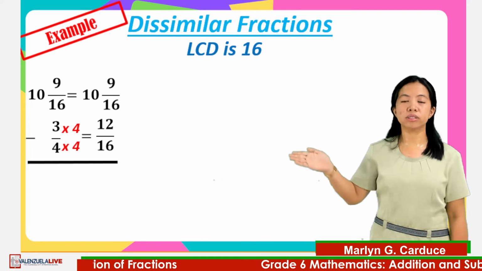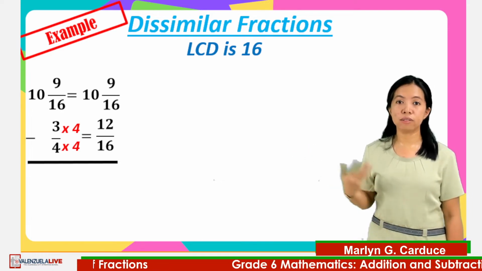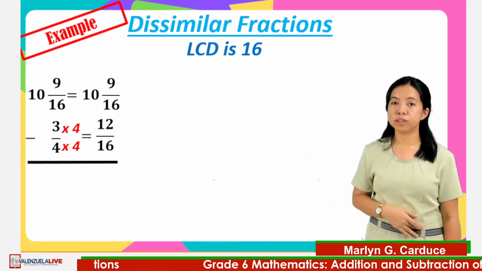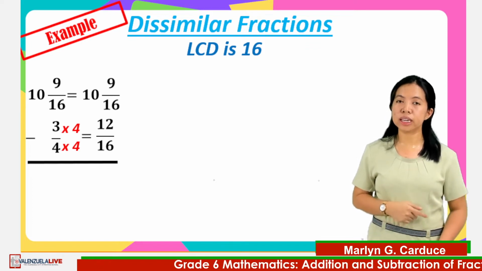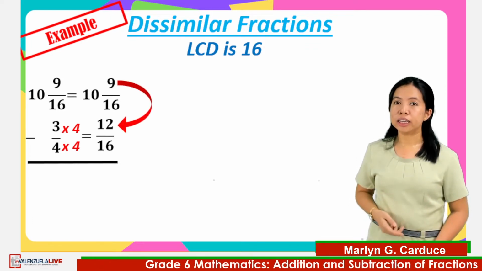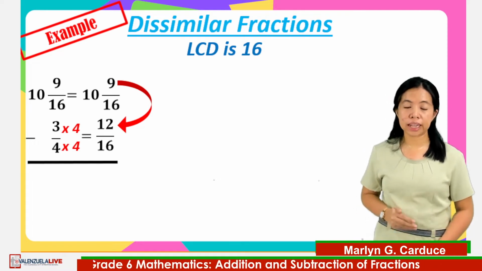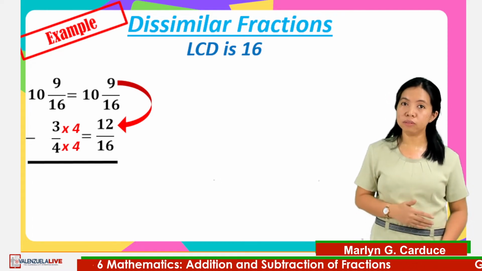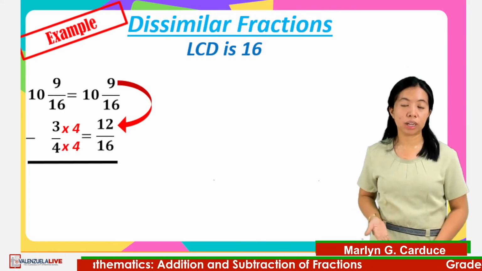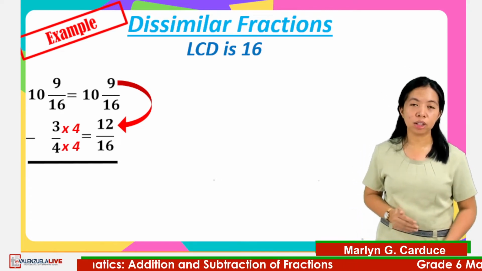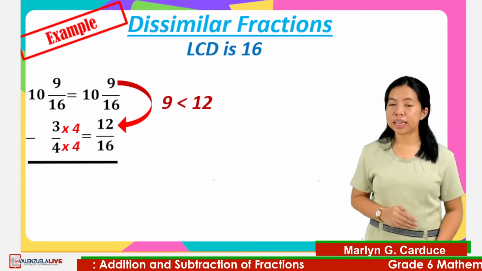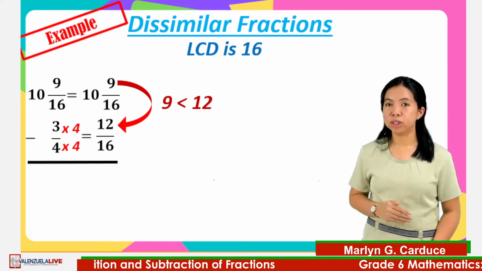Since the two fractions are like fractions, we can now subtract the fractions. Okay, let's subtract. 9 minus 12. Can we subtract 12 from 9? No, because 9 is less than 12.